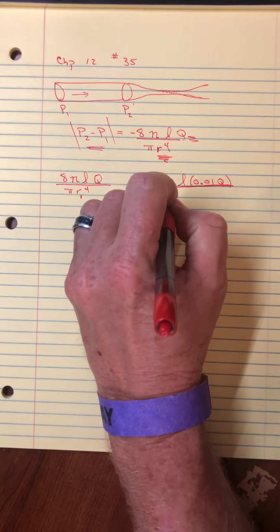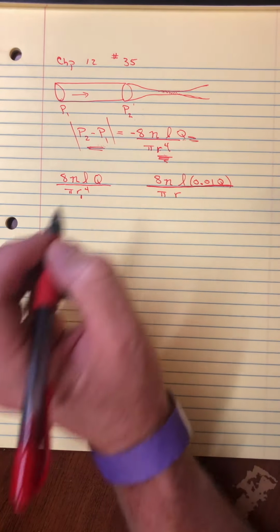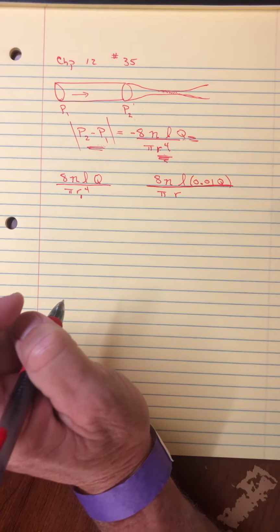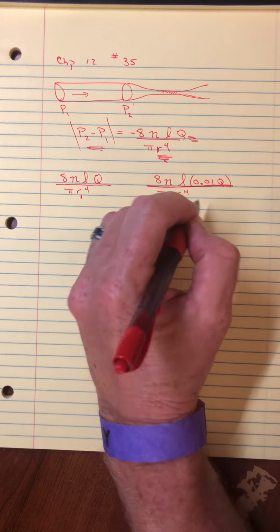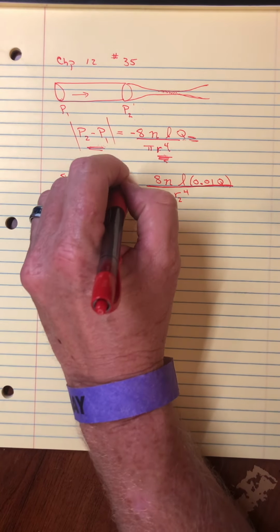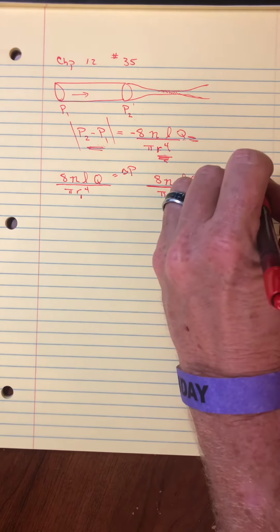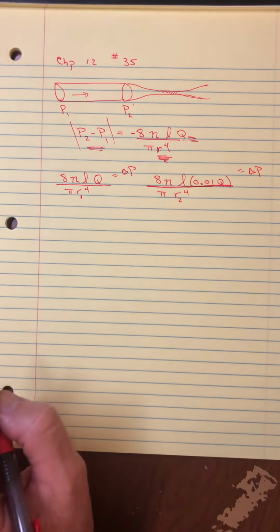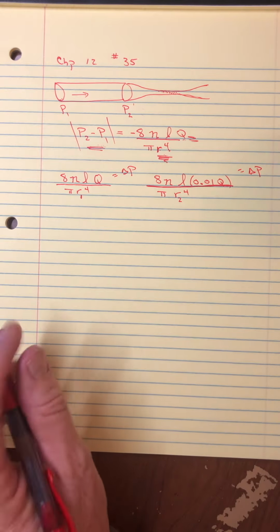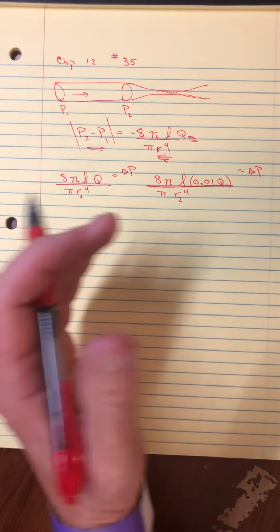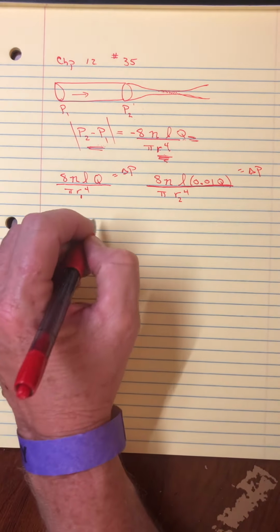Anyways, there is then going to be some new radius. So we call it radius 2. And both of these equal the same pressure drop. Okay. And so what I'm getting at then is we can set these equal to each other.